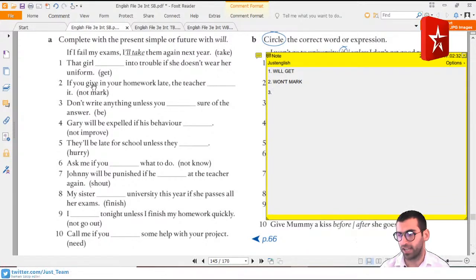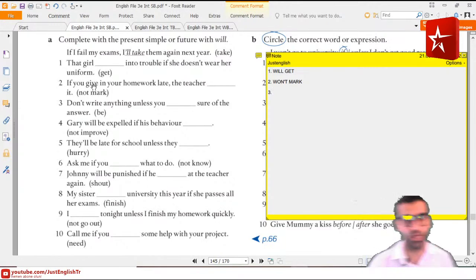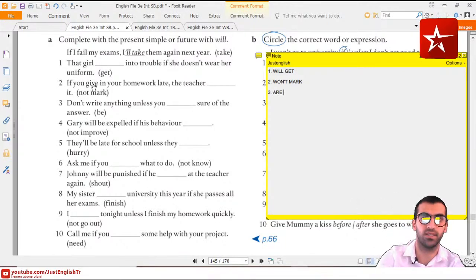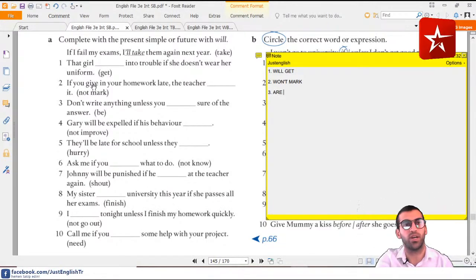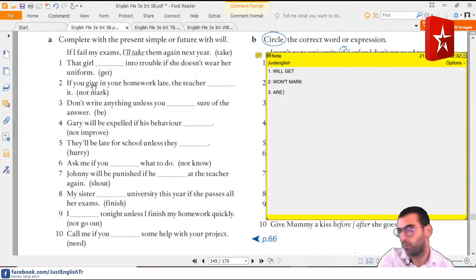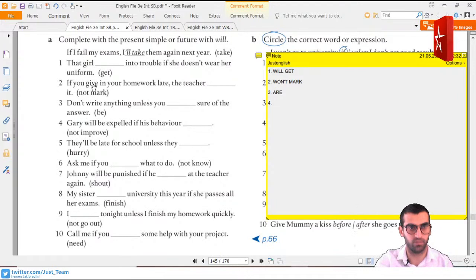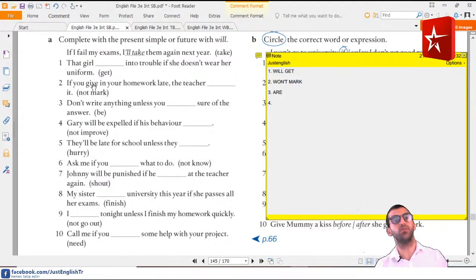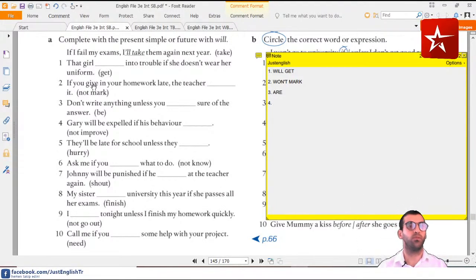They are really active today. Yes, to be in the present simple is are. Don't write anything unless you are sure of the answer. Are is a correct answer for number 3.